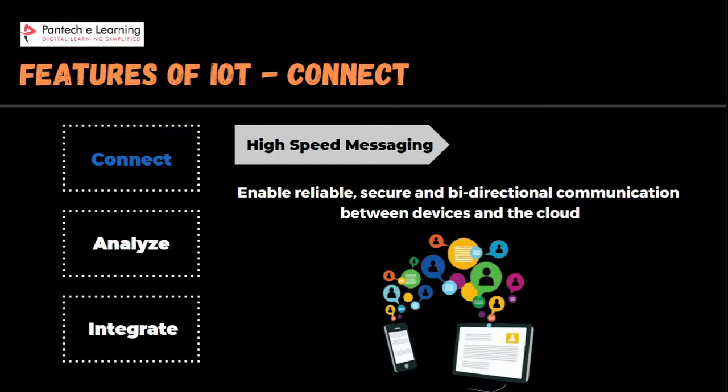For that, we need to have high speed messaging. This basically means that there needs to be a reliable, secure and bi-directional communication channel between the devices and the platform. The purpose of it being bi-directional is that you need to control each one of them as well, right?